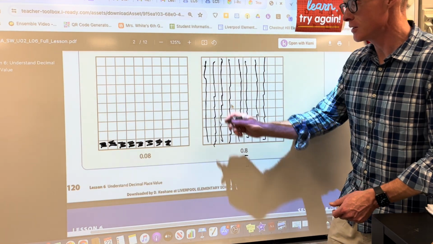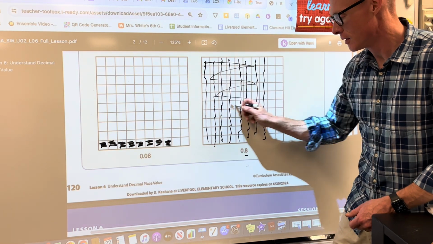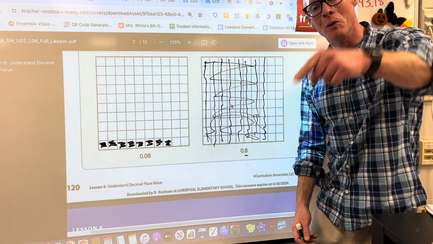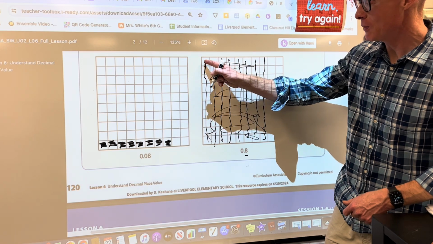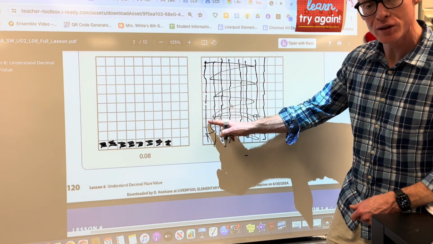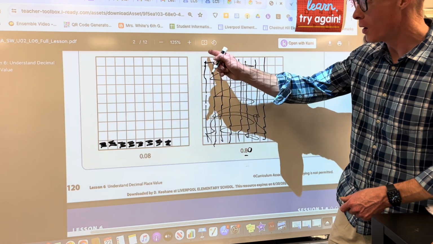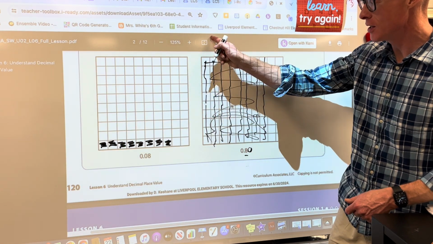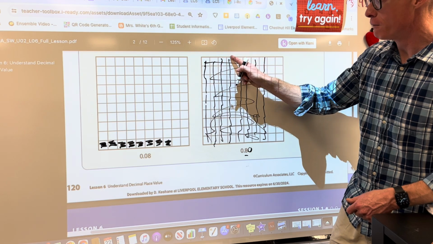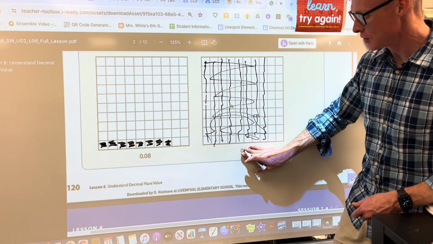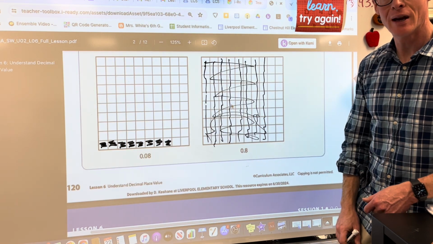I'll squiggle it up a little bit more. There. We get the idea. What you'll notice is that if you count each little unit cube, there's going to be 80 that we filled in. Or if you count them by tens, 1/10, 2/10, 3/10, 4/10, 5/10, 6/10, 7/10, 8/10. Boom, that's what we got filled out.